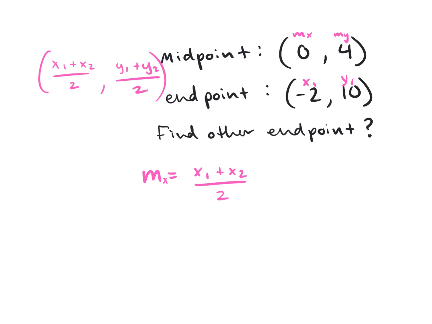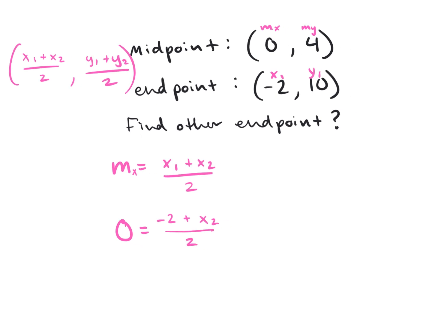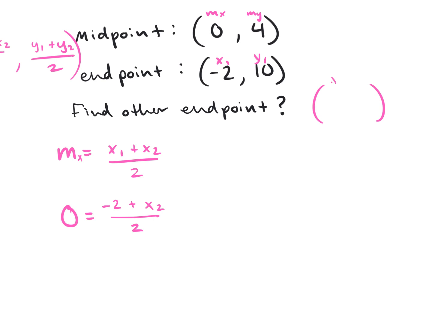All right. So my midpoint for the x is 0. So I'm going to plug in 0 to what it's equal to. Then my x1 is what? Negative 2. So I have negative 2 plus x2, we don't know yet, over 2. I'm trying to find the other endpoint, which is going to be x2, comma y2.